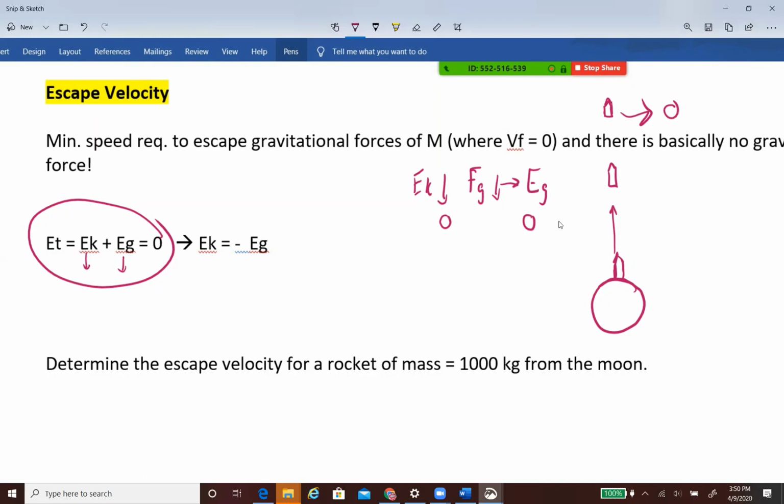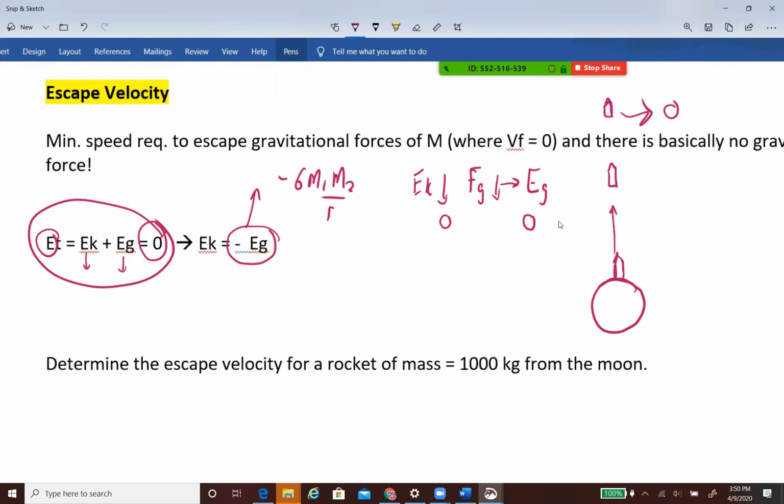So your total energy ends up being 0, which means we can set up an equation that says EK, kinetic energy, is equal to the negative gravitational potential energy. And if you remember, the gravitational potential energy is the antiderivative of G m1 m2 over r squared, so that's negative G m1 m2 over r. That's the antiderivative of the universal law of gravitation.